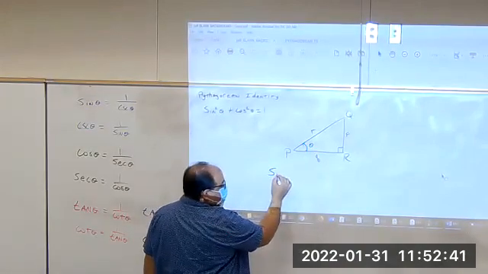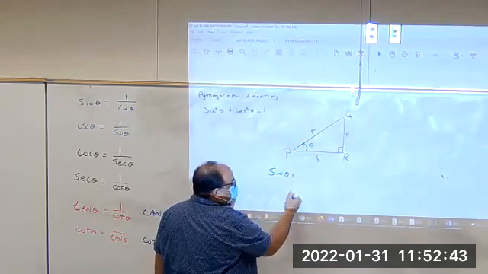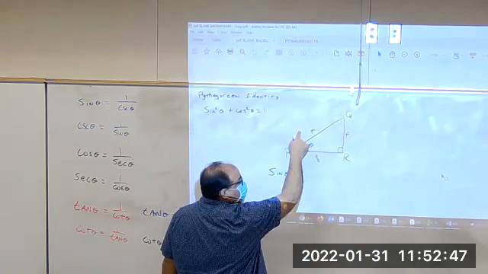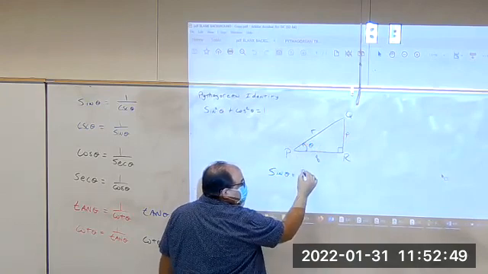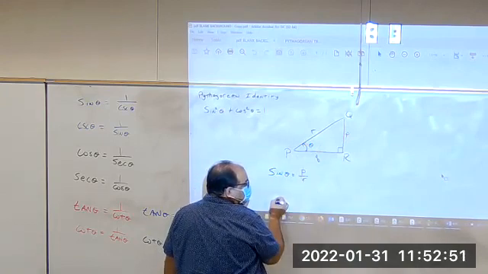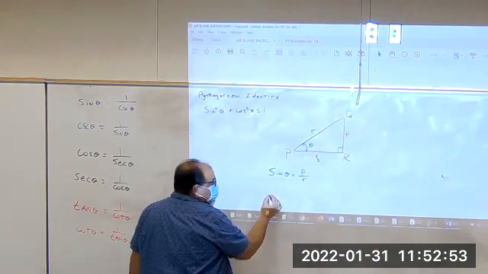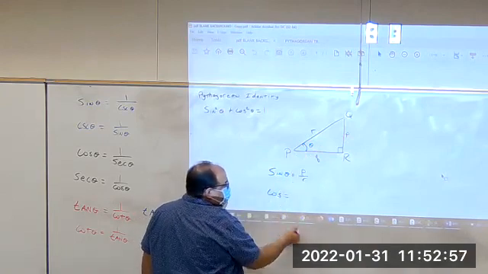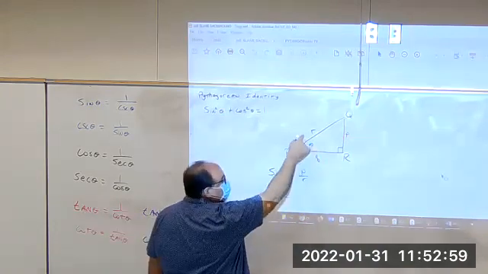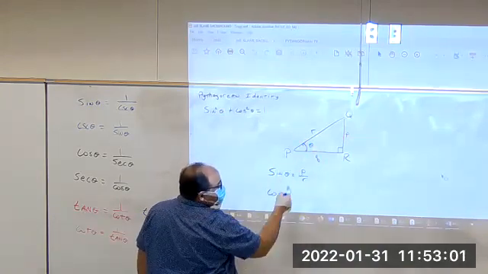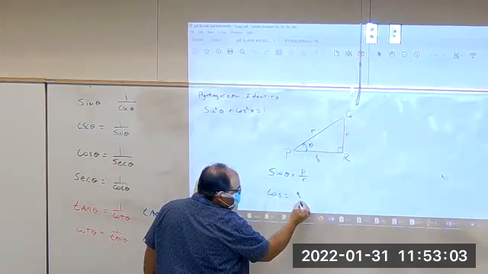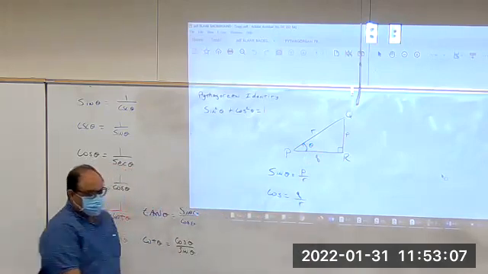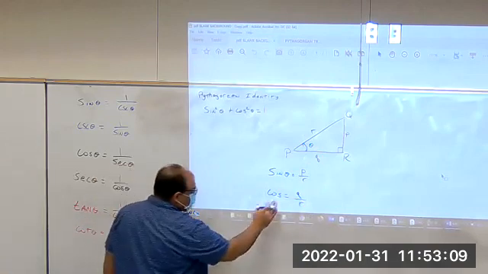First of all, the sine of that angle theta is equal to opposite over hypotenuse. So that's P over R. And the cosine of that angle theta is equal to adjacent over hypotenuse. So that's equal to Q over R.